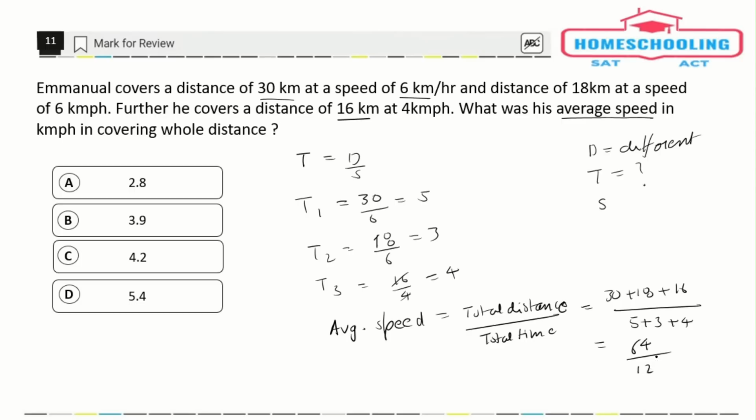So what is 12? 5 twelves are 60. So the approximate value is something 5 point something. So we have to find the approximate average speed. So 12, 5 twelves are 60. So something around 5.3, 5.4. So the approximate value would be 5.4 because among the options only 5.0 is close.